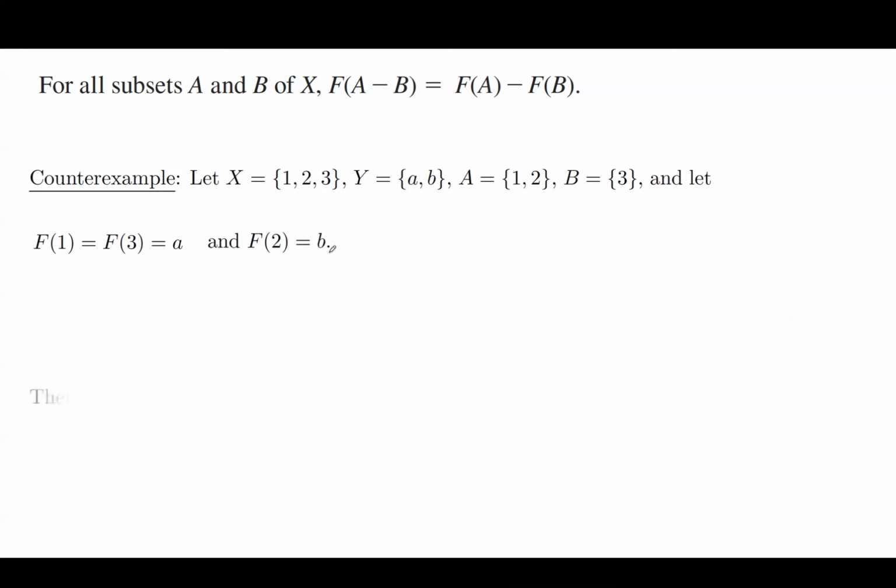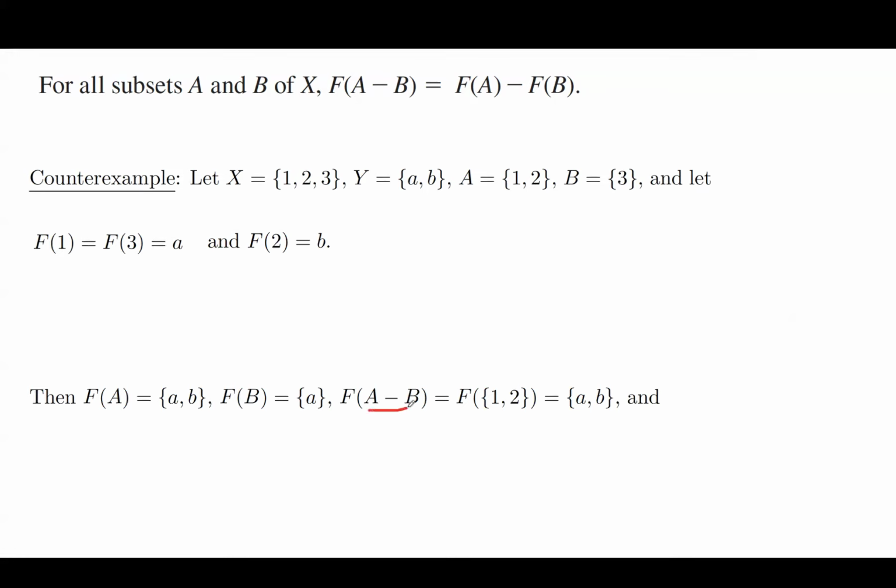Okay, let's see what's happening here. f of A includes f of 1 and f of 2, so f of A is going to be a and b. f of B, remember that B is defined as 3, and my function f takes 3 to a. So f of B is equal to a. Well, set A minus set B includes 1 and 2.